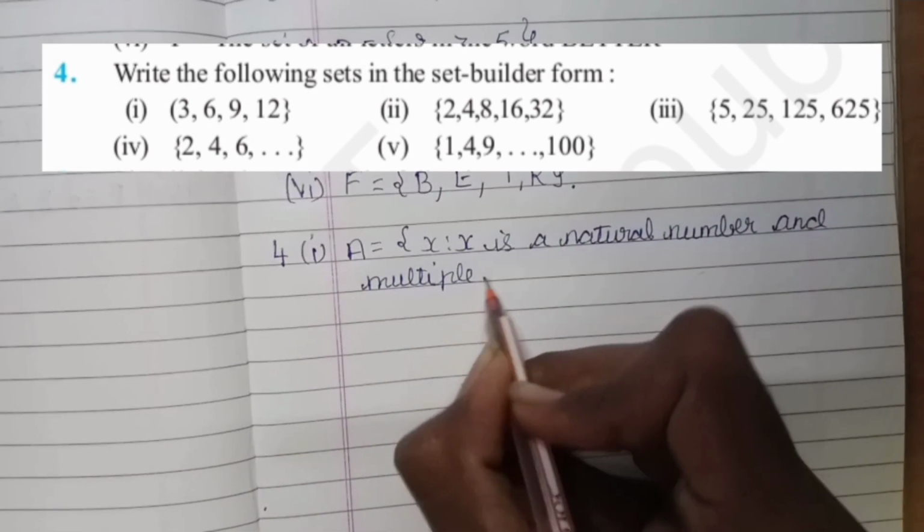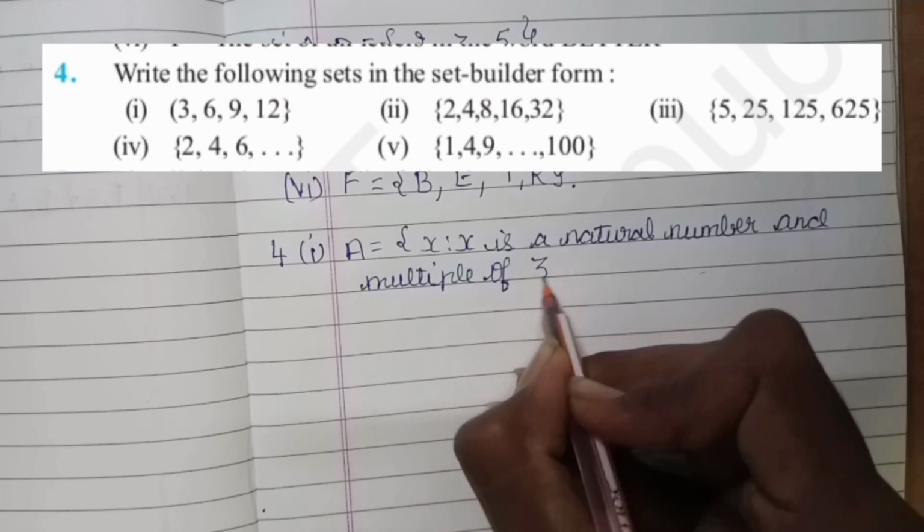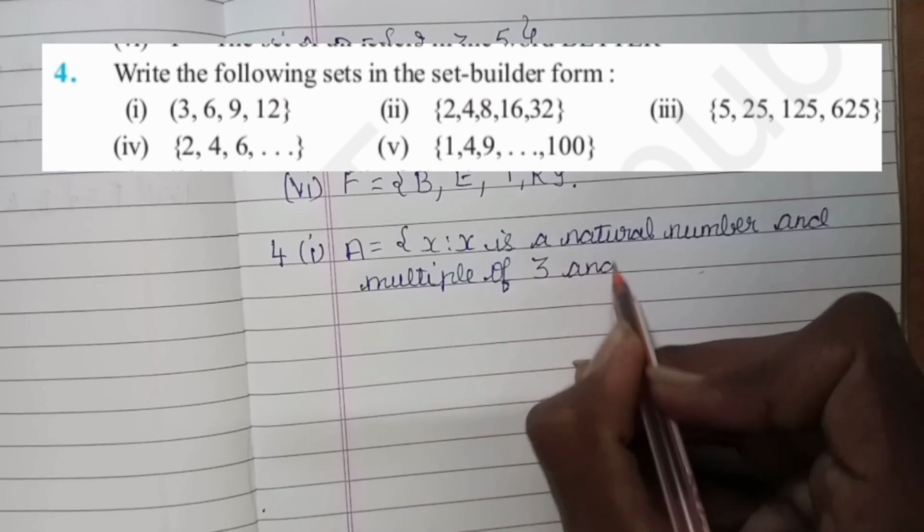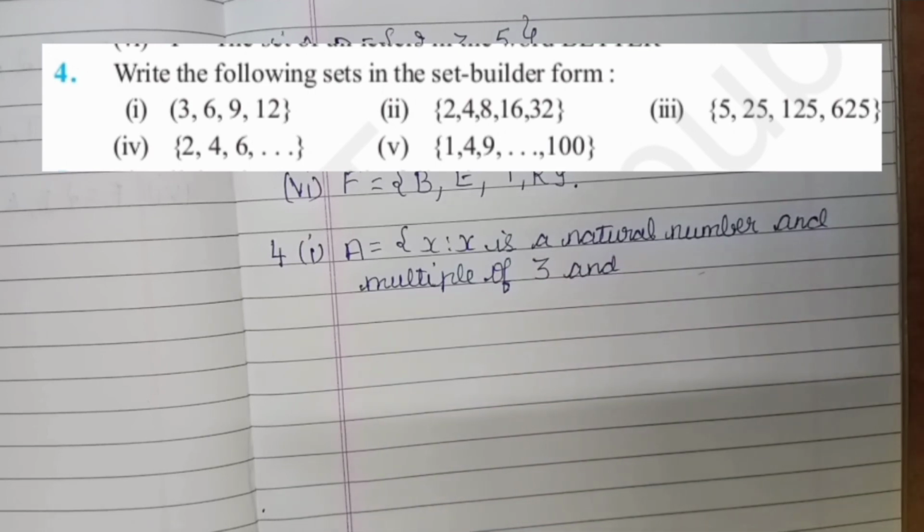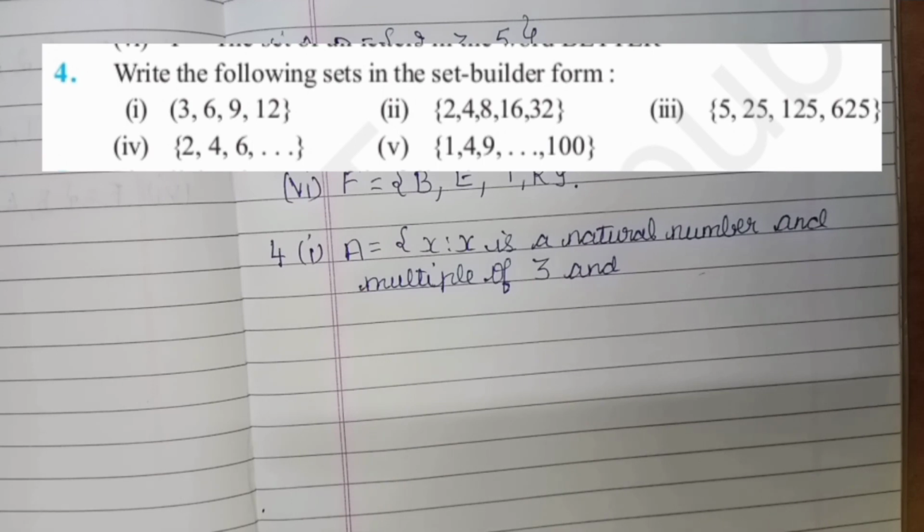multiple of 3. The last condition you should write is the end point. Like, 3 20s are 60, which is a natural number as well as a multiple of 3, but it's not in the set, so the end point should be written. 3 4s is 12, it is the last element, and the next one is 3 5s are 15, so x should be less than 15.